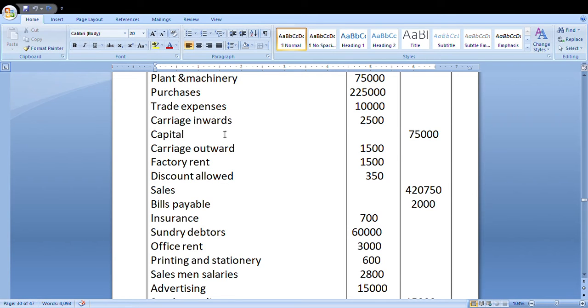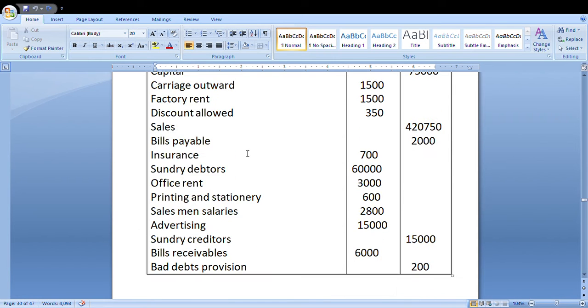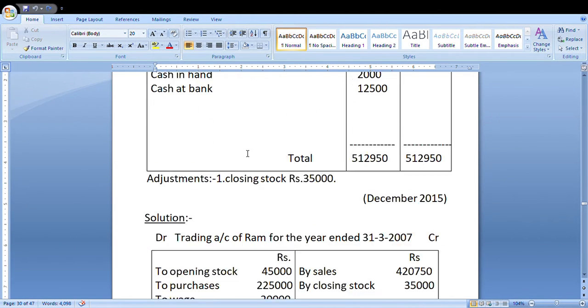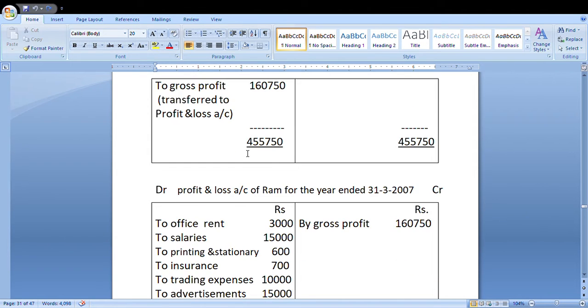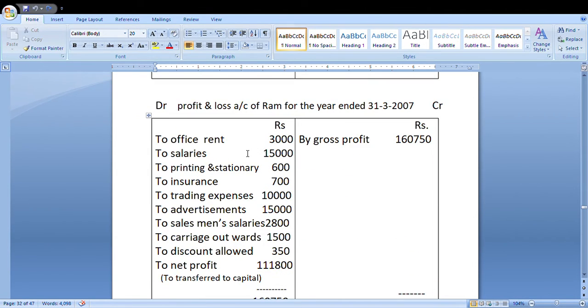This does not enter the profit and loss account. Capital. This enters the liability side of the balance sheet. Carriage outward. This enters the profit and loss account. Carriage outward 1500.